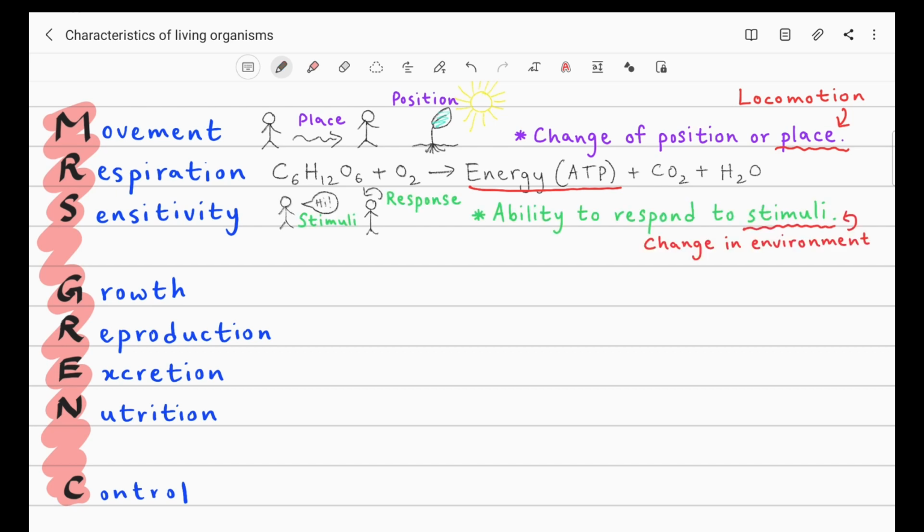The next characteristic is growth. Growth is defined as a permanent increase in size or dry mass, right? So this could be by an increase in cell number or cell size or both. Multicellular organisms, which are organisms that have many cells, basically increase the number of cells in their bodies.